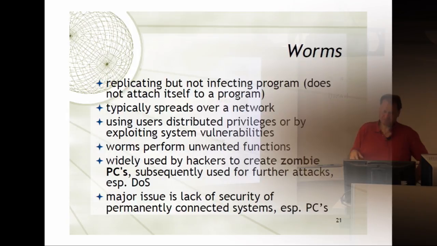And typically, a virus mainly infects from one application to another in the same computer system, while a worm typically infects from one machine to another machine over the network. So a worm needs the network.